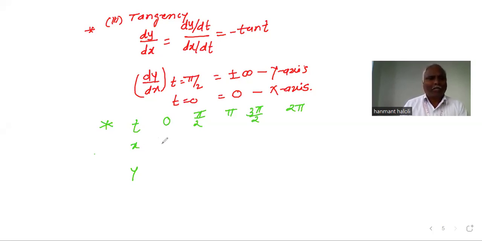We get the value of x: a, then 0, minus a, 0, a. And we get the value of y: 0, a, 0, minus a and 0.